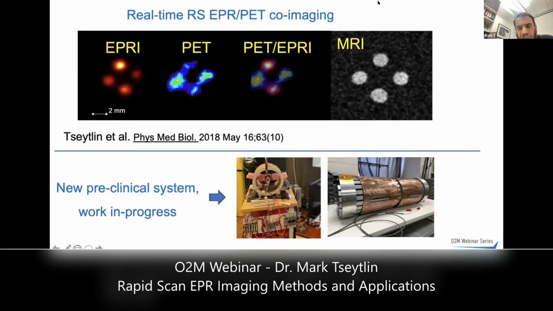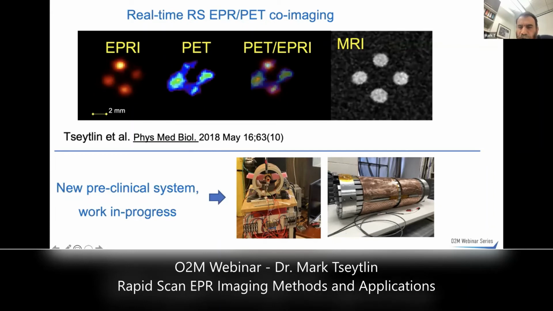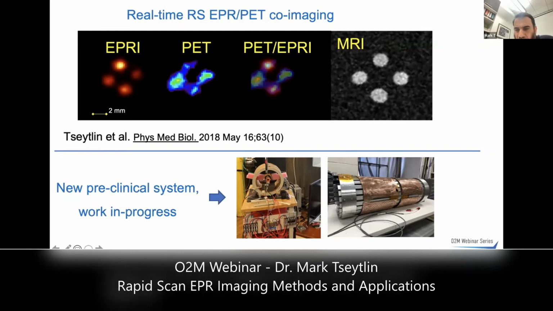Now we're assembling a system which allows us to measure mice. This is our gradient coil, which goes in this magnet, and the PET system goes into that aluminum frame. And there are rapid scan coils underneath these gradient coils.